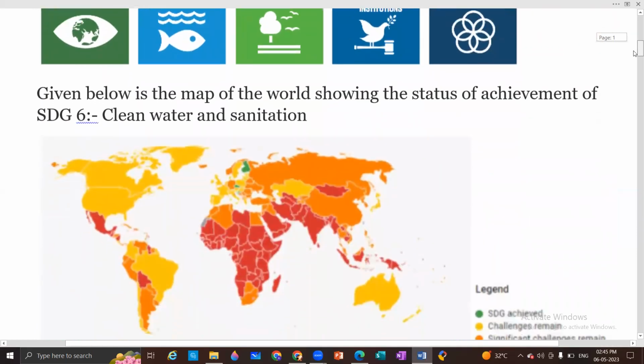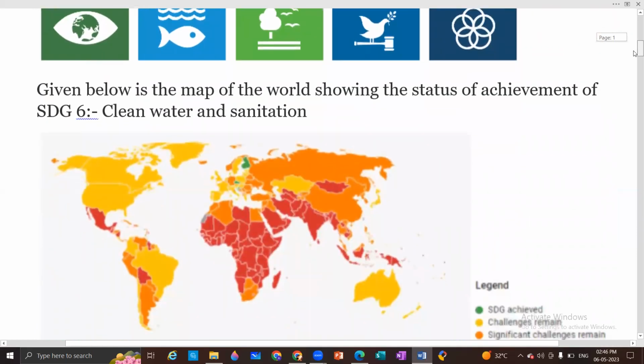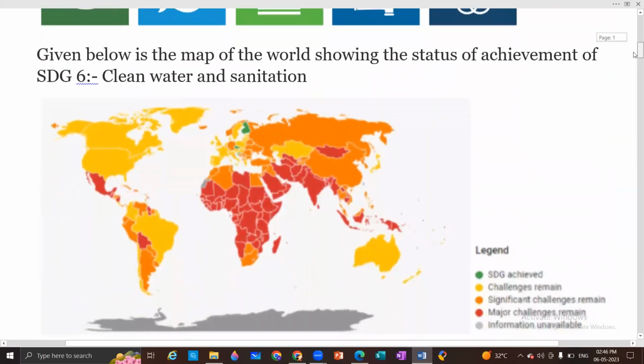So now we will focus on this particular SDG, which is SDG number 6, clean water and sanitation. This map of the world shows the status of achievement of SDG 6.